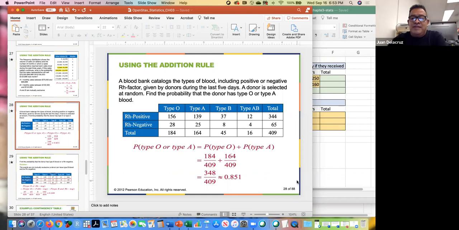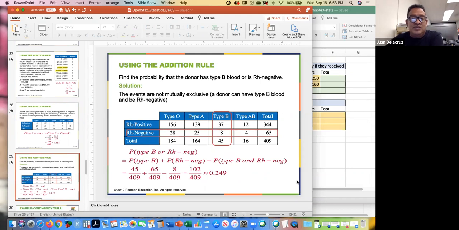So we also have an example for non-mutually exclusive. Find the probability that the donor has type B blood or is Rh negative. So we have the number of Rh negatives, we have the number of Rh positives, but also we have the intersection of those.